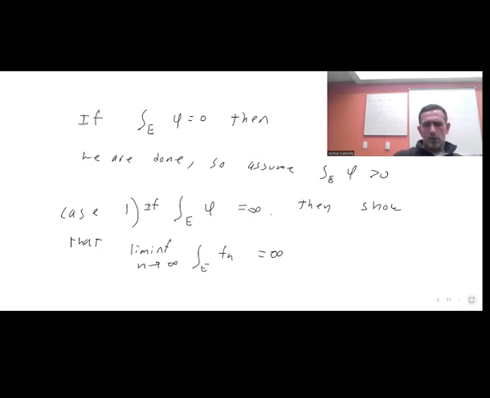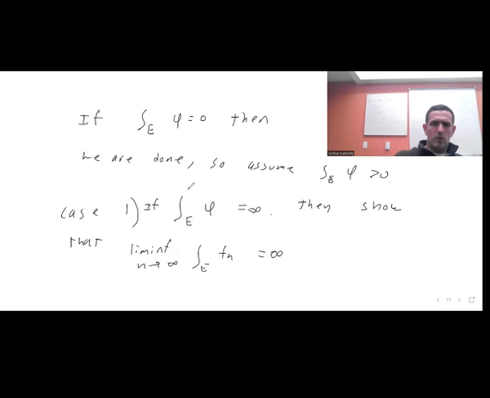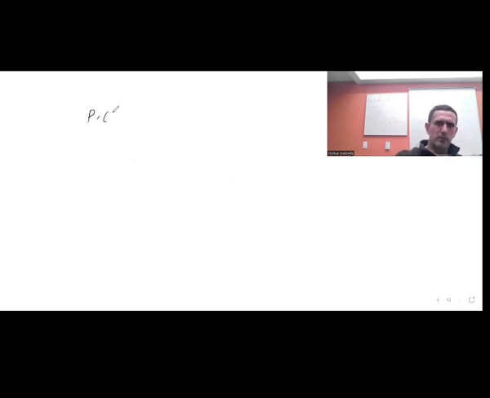Okay. Yeah, this is not too bad. So if this is true, then I can clearly pick some subset of E that has infinite measure and where this here is positive.